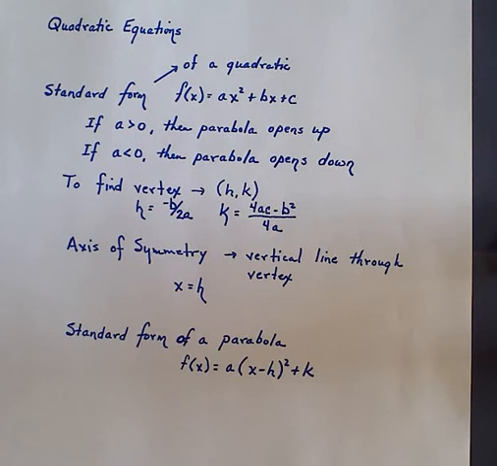To find k, which is the y-coordinate, you take 4 times a times c minus b squared, and then take that answer and divide by 4a.